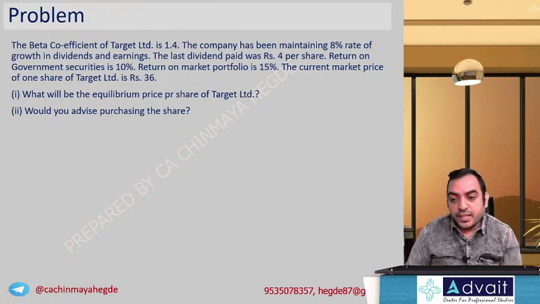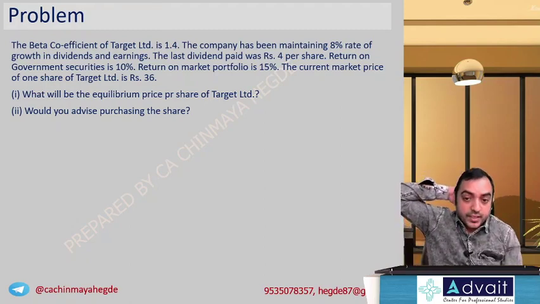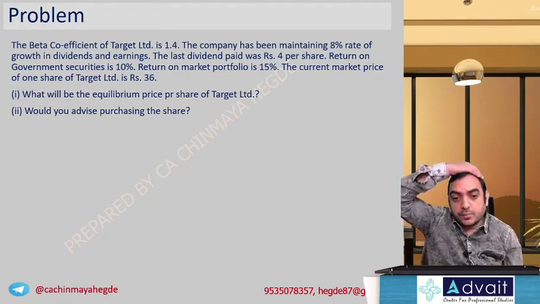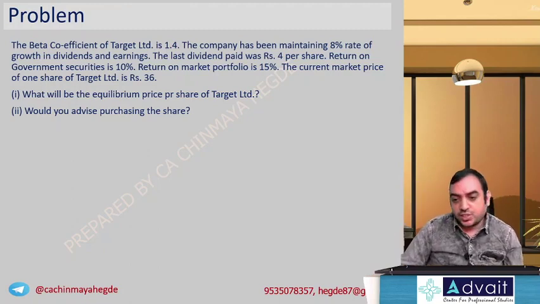The company has been maintaining a growth rate of 8% in dividend earnings. Last dividend was 4 per share. Return on government security is 10%. Return on market portfolio 15%. Current market price of one share is 36. What will be the equilibrium price of Target Limited? Would you advise purchasing the share?